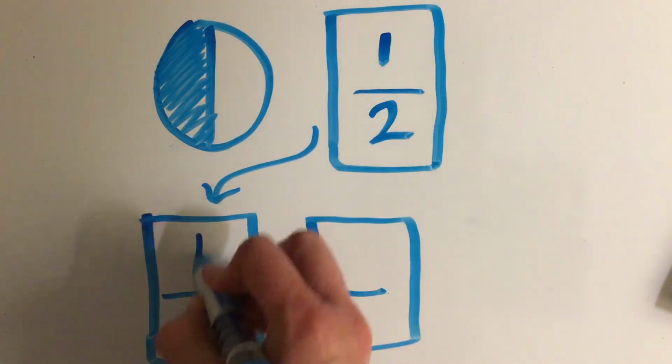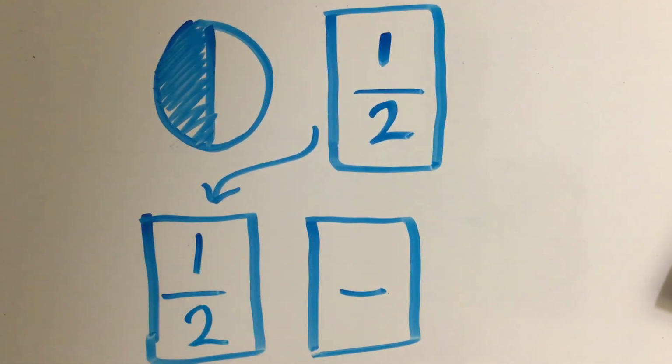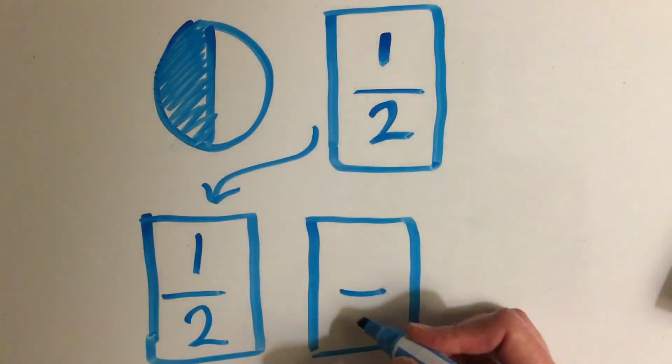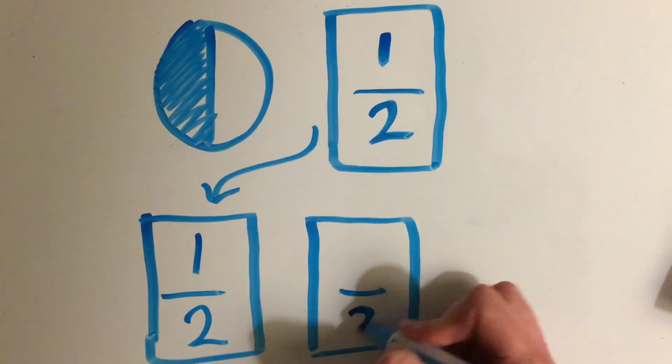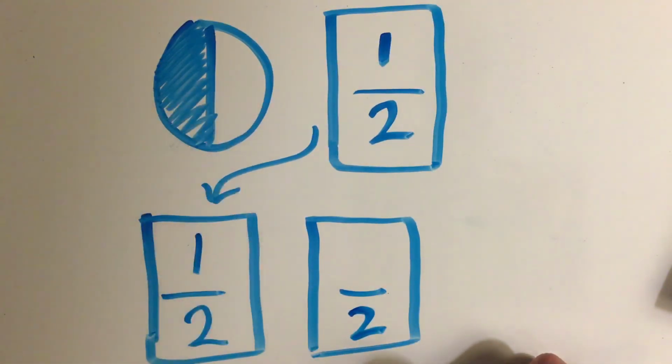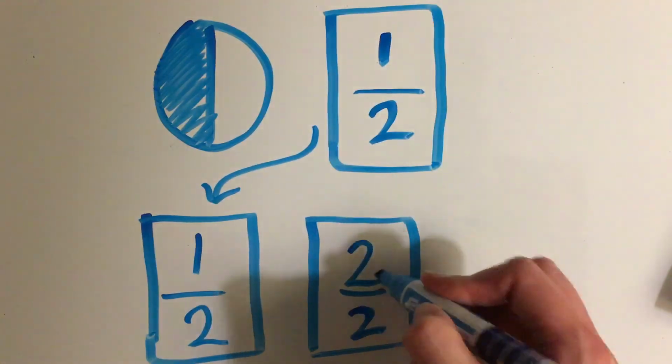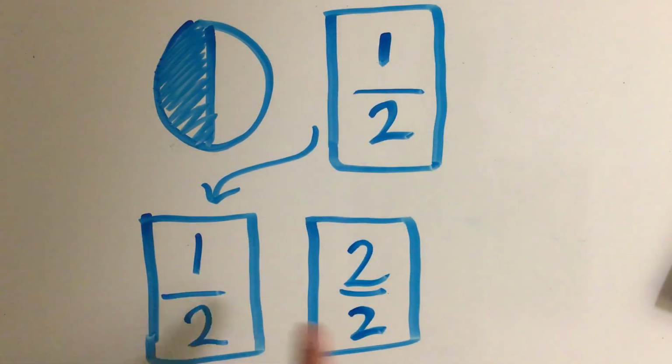All right, so I just rewrite 1/2 in the box down below. Now if I want to count the second part, what's my fraction going to be? I know my denominator stays the same because look, the equal parts aren't changing, but I'm going to count 1 more part. So my next number would be 2. Okay, so 1/2, 2/2, and then I'm done because I've reached the whole shape.